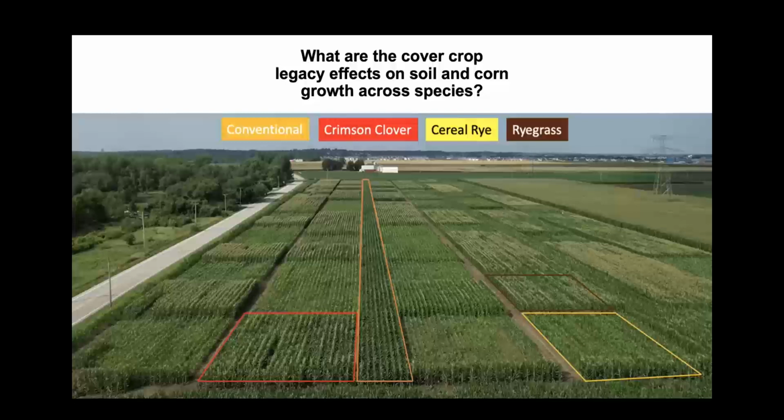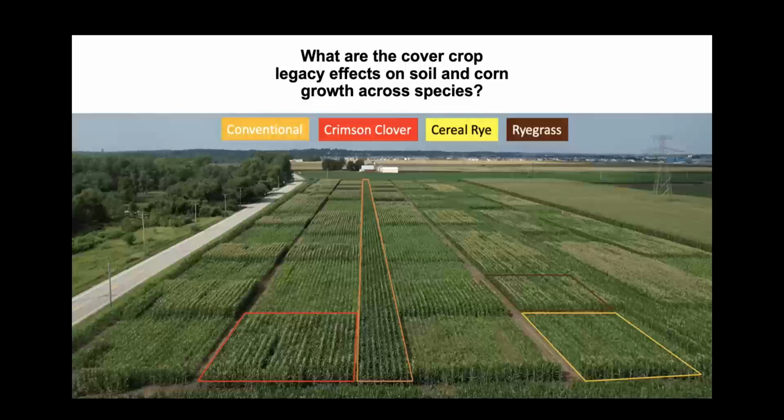We also measured roots. Cereal rye, in this experiment, impeded root growth. Roots grew deeper much more slowly, from root frontal velocity data. No surprise. We don't have the yield data. We just pulled these two to three weeks ago. But of course, we expect to see that yield gap in full effect here.